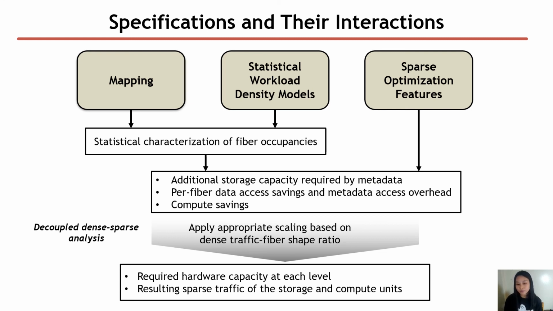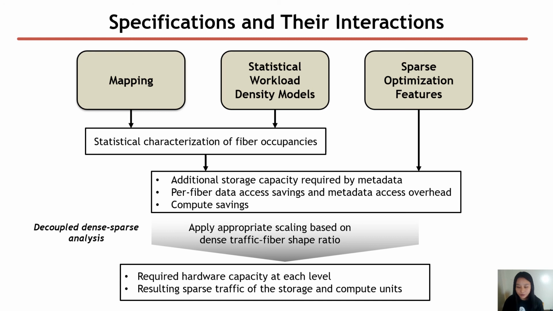So for example, if your dense traffic says I have transferred 5 fibers to the next level, then we could appropriately scale the per fiber savings and overhead to arrive at how much is saved and how much overhead is incurred for all of these 5 fibers. So this allows us to decouple the dense traffic analysis from the sparse optimization impact analysis in a very clean way.